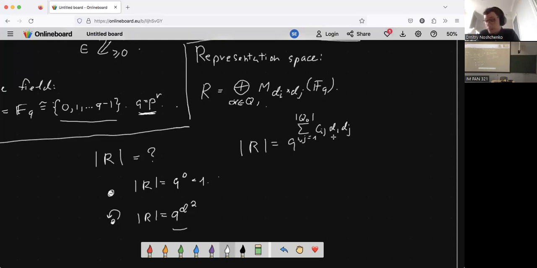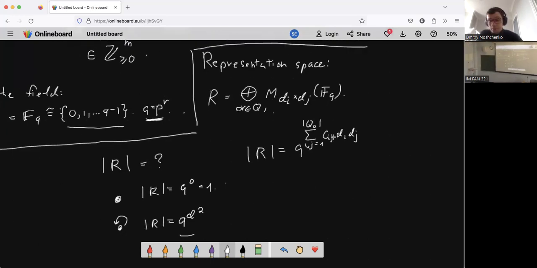And the second part would be the following. We can also consider the action of GL on such a space of representations. So on R acts GL, which would be the sum, of course, over all vectors.